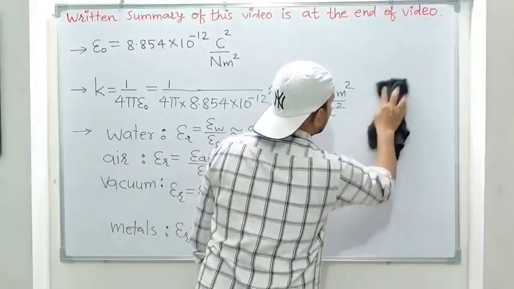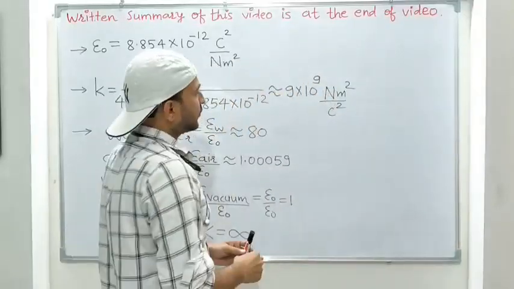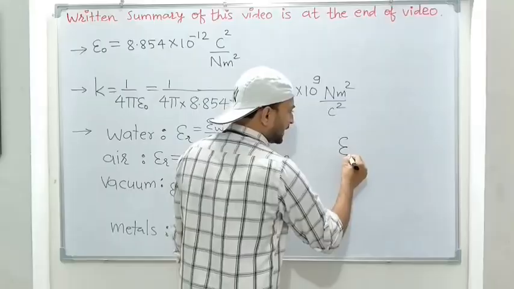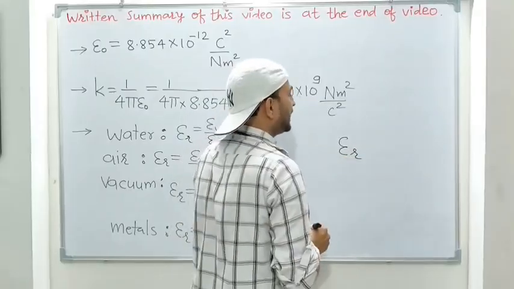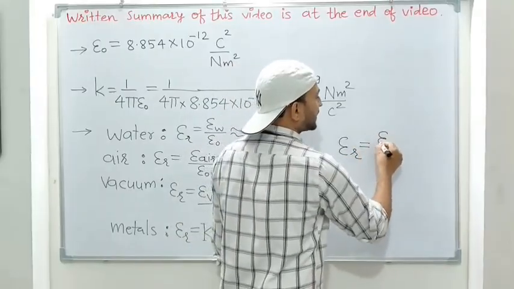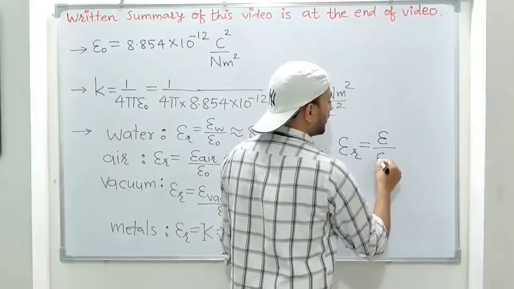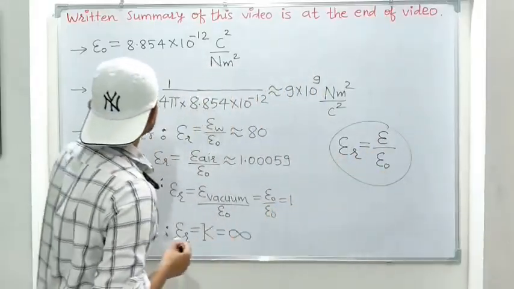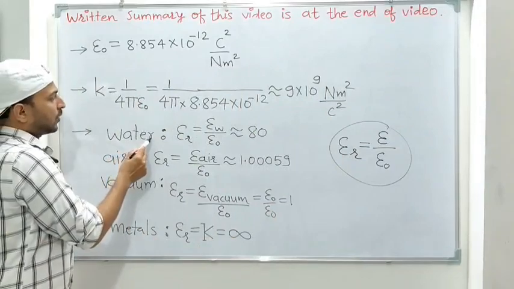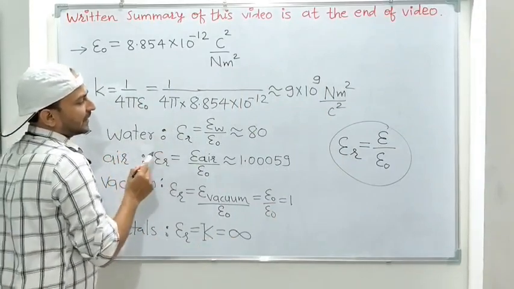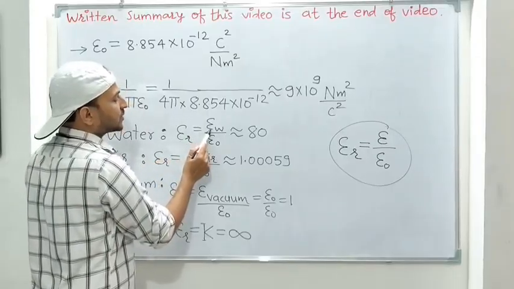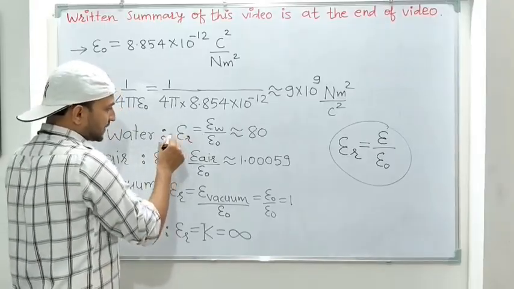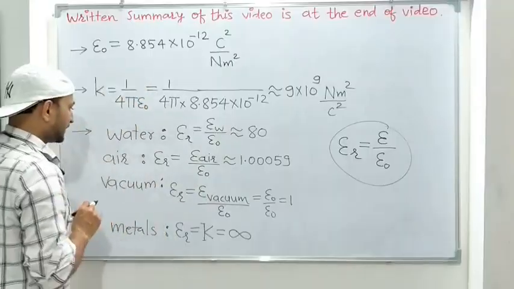Now, if you remember from what we studied in the previous video, the relative electric permittivity of any medium is equal to the electric permittivity of that medium upon the electric permittivity of vacuum. So, for water, relative permittivity is the electric permittivity of water by the electric permittivity of vacuum, and this is nearly equal to 80.